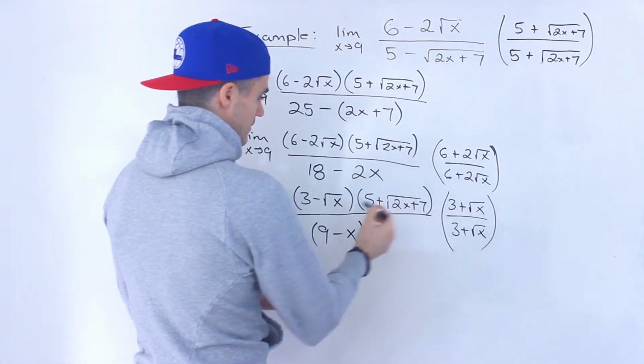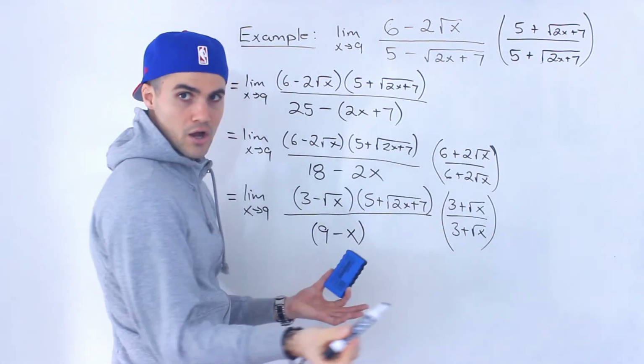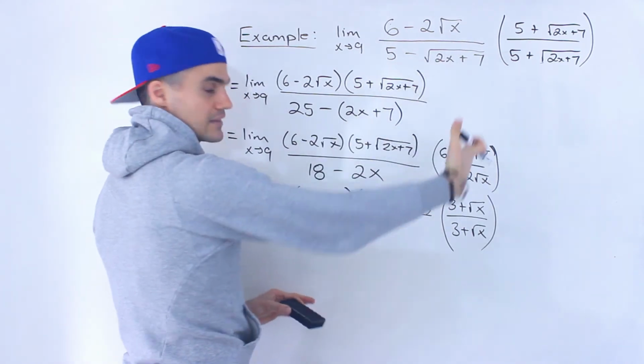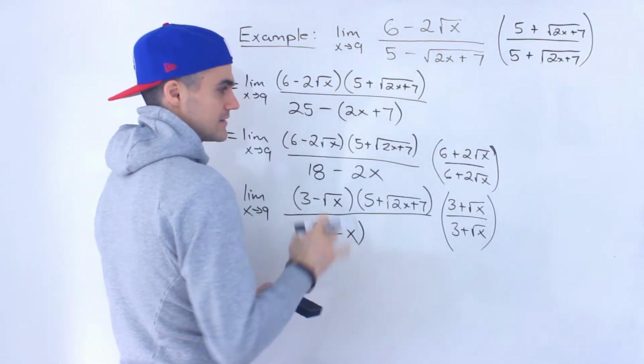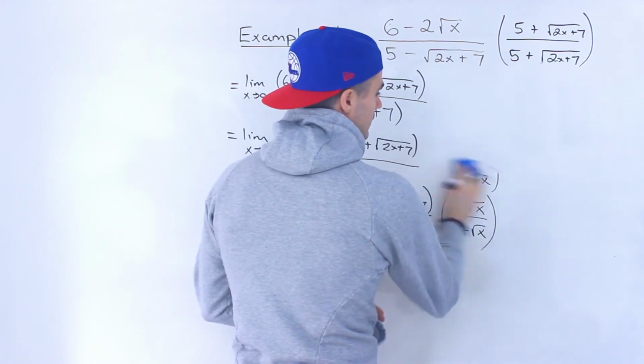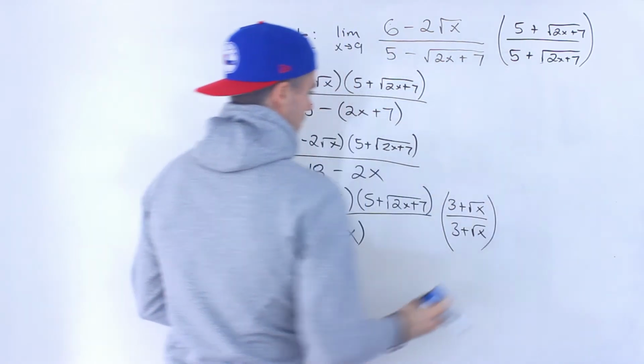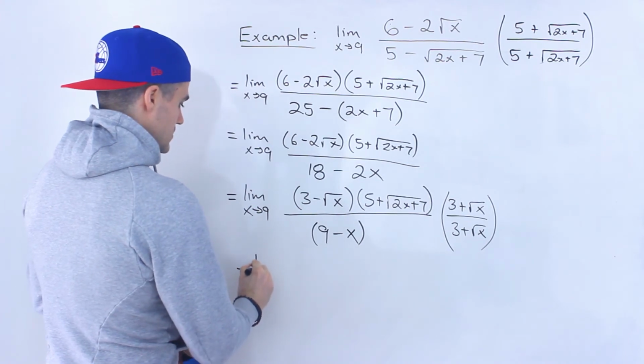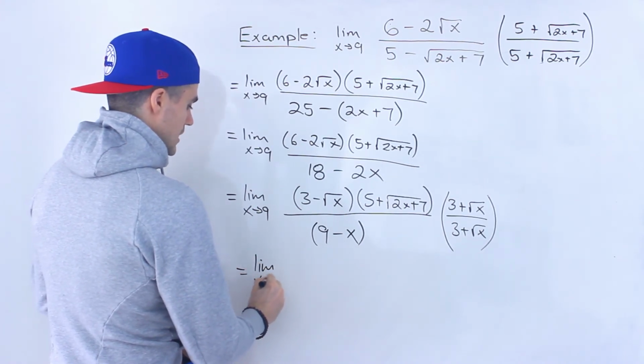But notice that because we simplified, the conjugate that we're going to be working with is a lot more simple. If you did it this way, you would still get the same answer in the end. It's just in the end you'd have a little bit more simplification to do. So at this point, we'll have the limit as x approaches 9.